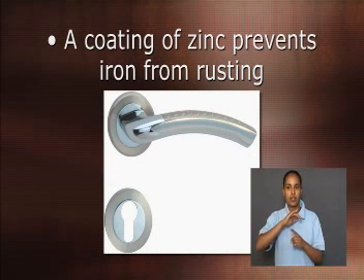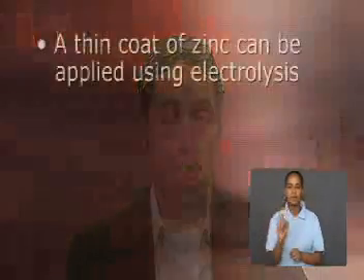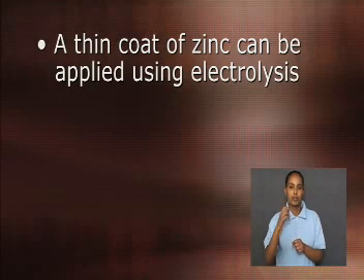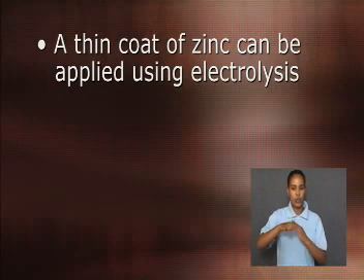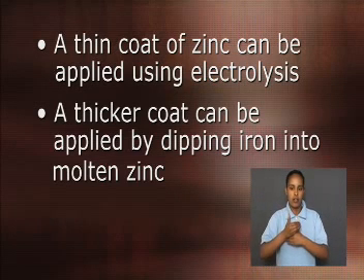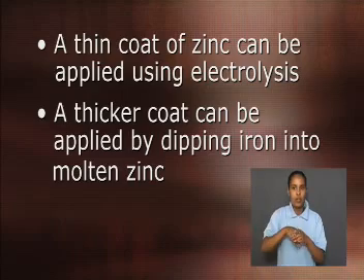If that was part of your answer, great job. Let us discuss how this process is done. A thin coating of zinc can be applied to iron using electrolysis. A thicker layer can be applied by dipping iron into molten zinc.